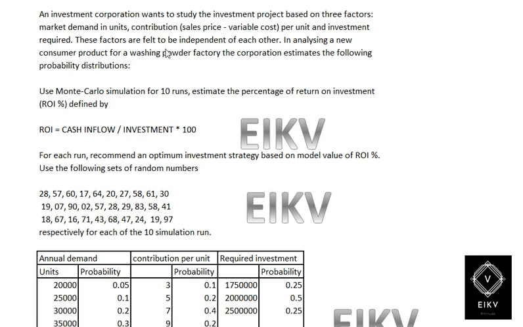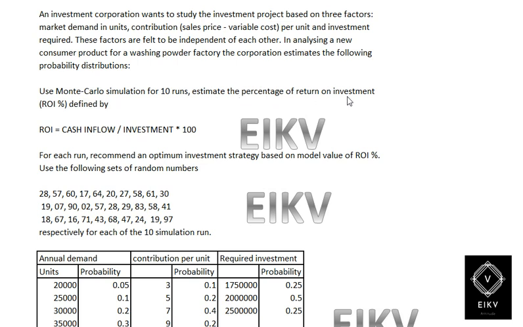In analyzing a new consumer product for a washing powder factory, the corporation estimates the following probability distribution. Use Monte Carlo simulation for 10 runs.